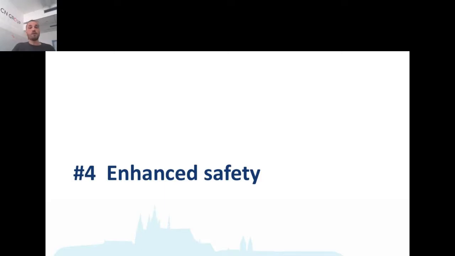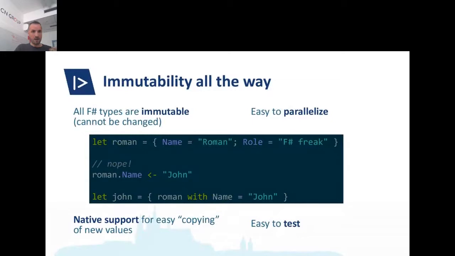Another thing you should consider when thinking about having F# in your code base for your .NET projects is enhanced safety. First of all, F# has all types immutable, which means they cannot be changed.